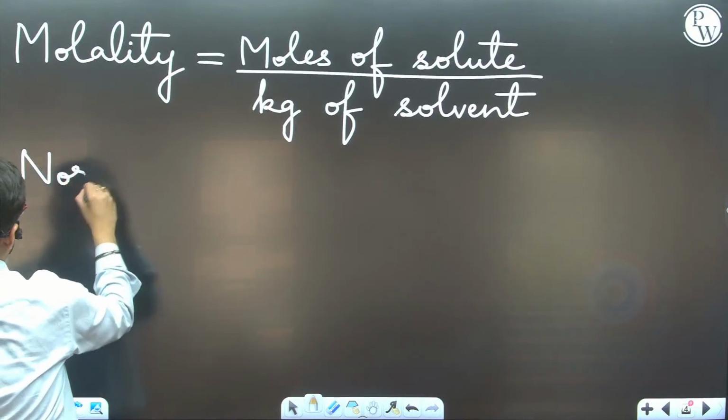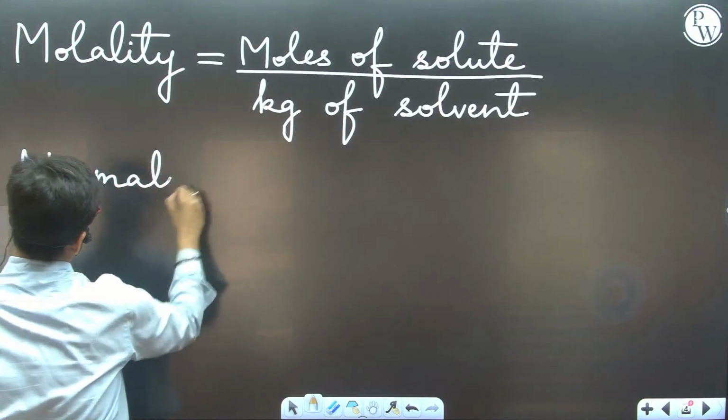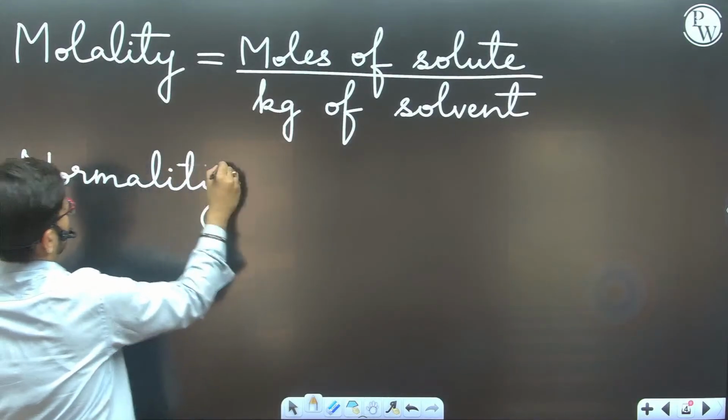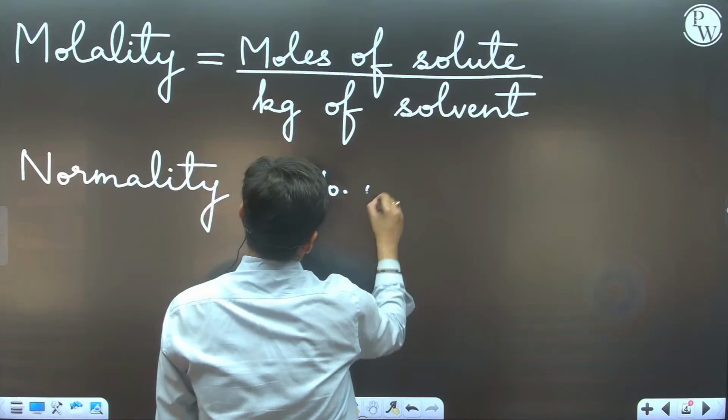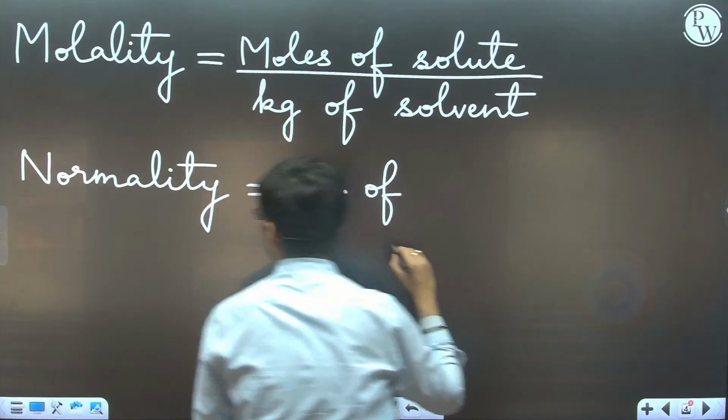Another important concentration term is normality. So this is the formula of normality.